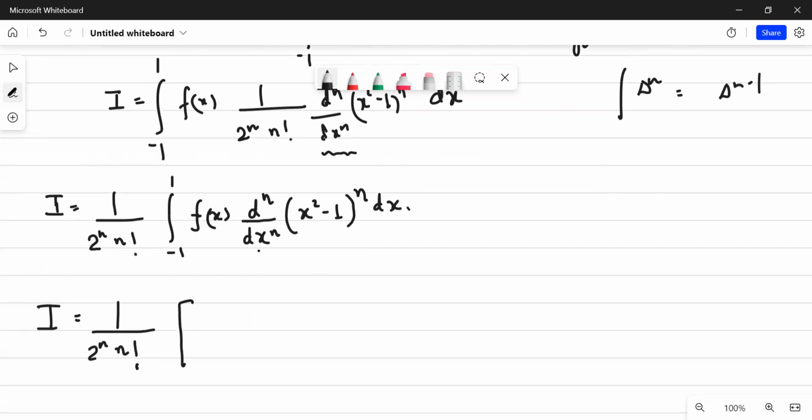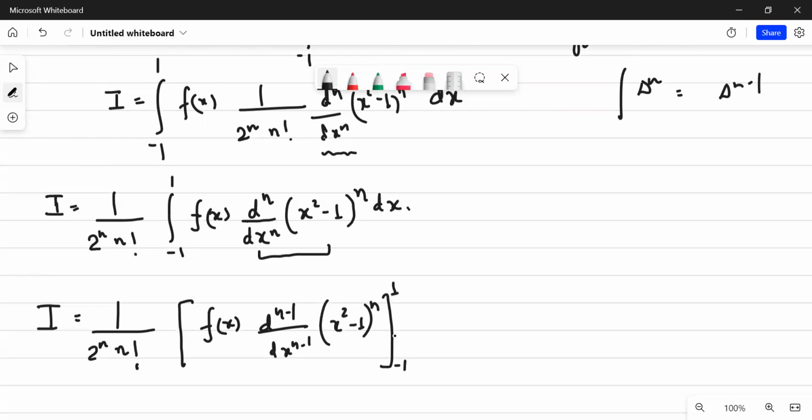I will take this term as the one that you can integrate, and I will write d^(n-1) upon dx^(n-1) of it, plus the integration from -1 to +1 of the derivative of f, and the integral of this will be d^(n-1) upon.